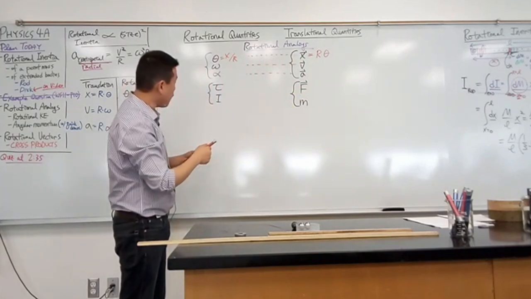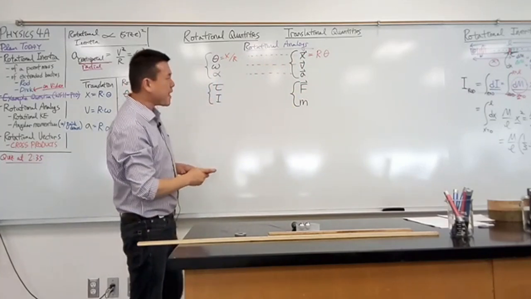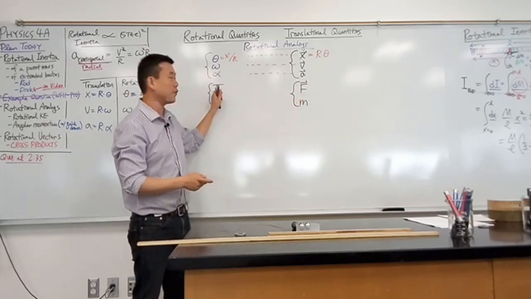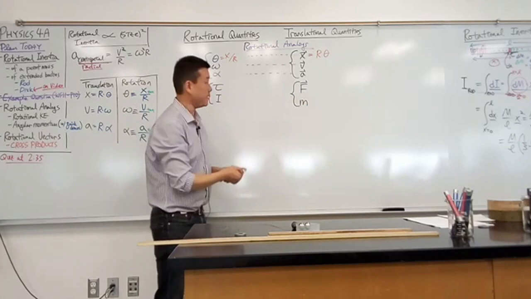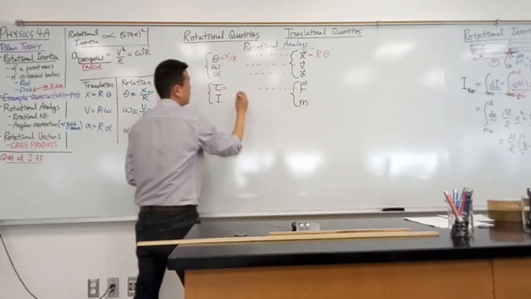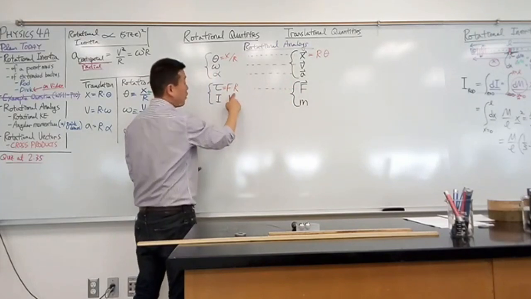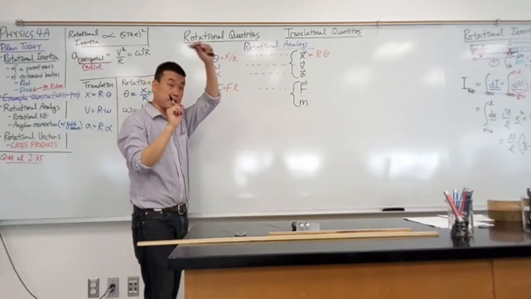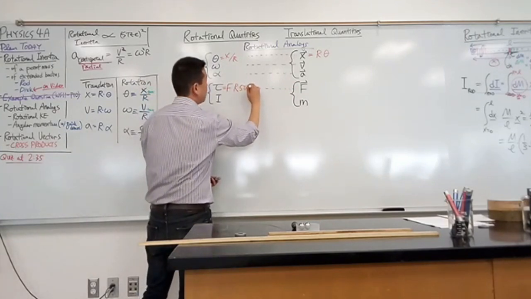Let me write it down for force and torque. So we don't actually describe force in terms of torque. That kind of seems backward. Force is the basic quantity. And from force, we can write down torque is force times some displacement, or r, that's the radius of the circle that you imagine the point to be moving in, times sine theta.